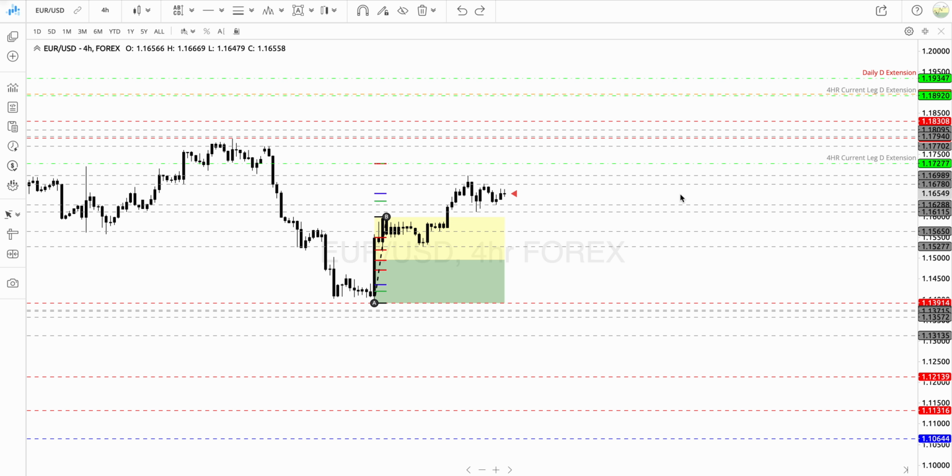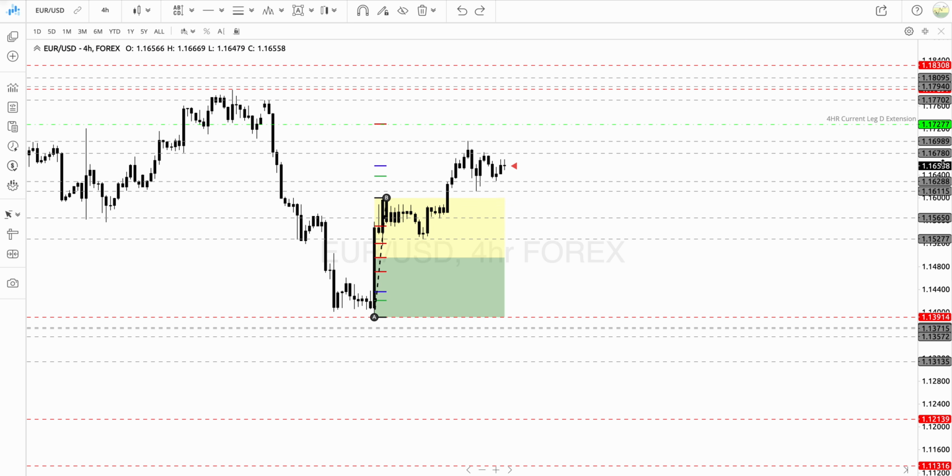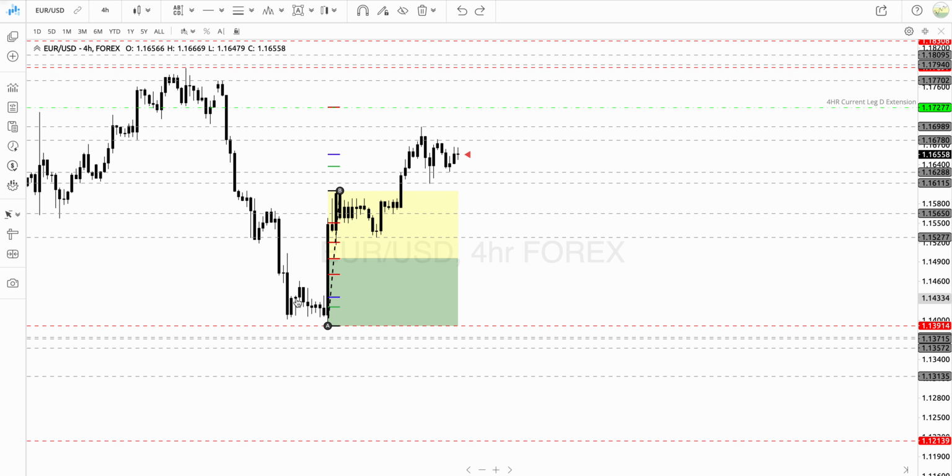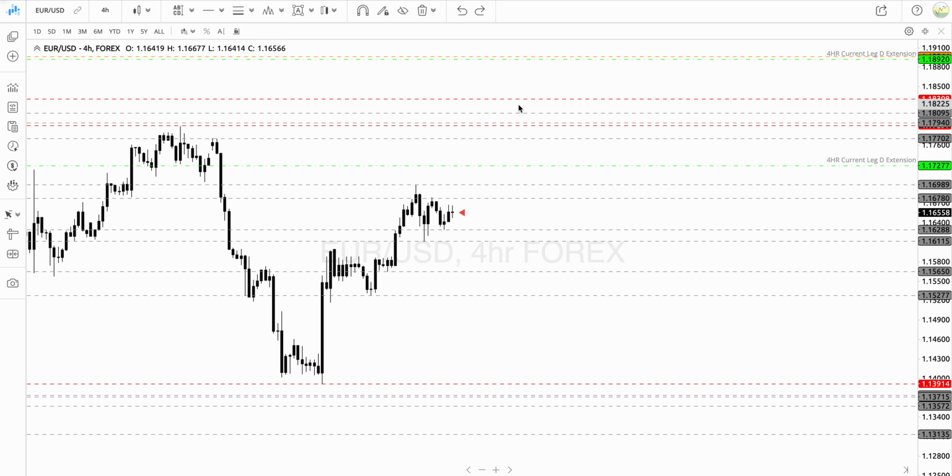So the way that I would set this up, 70 pips is great, right? We'll figure out how to get in, but I'm more interested in the higher time frame targets. So the way I would play this is taking partial profit at the 4-hour current leg D extension, but I'm also going to let small positions run towards this higher time frame target as well.